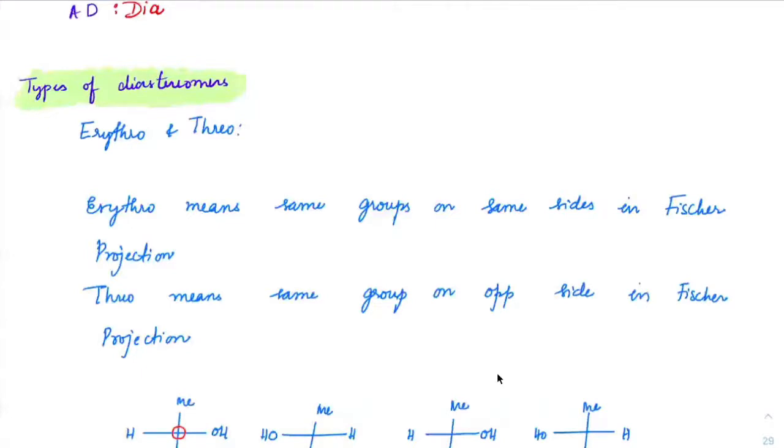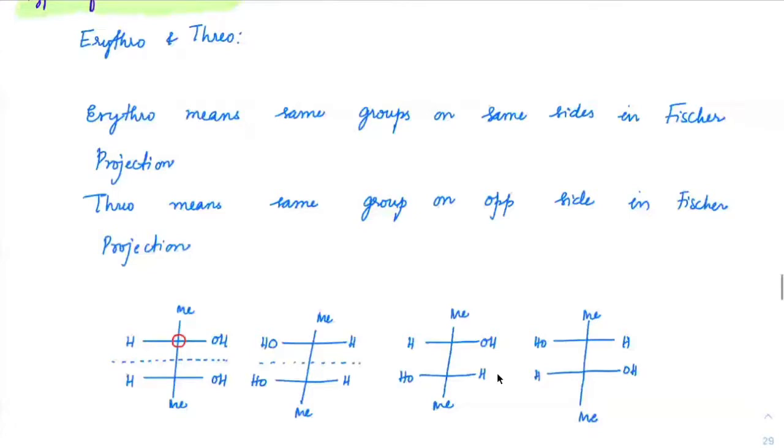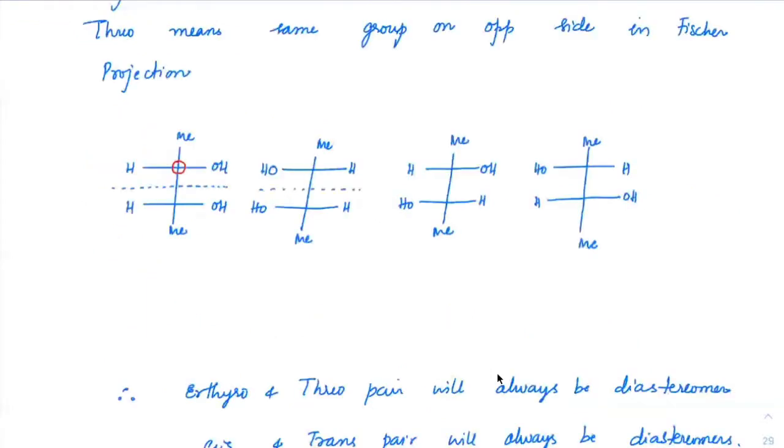For example, if you see these two methyl groups with respect to this vertical line, these two OH groups are on the same side. So I would call this molecule erythro kind. These are erythro and this is also erythro kind. If they are opposite to each other, I would call them threo. These are threo kinds.